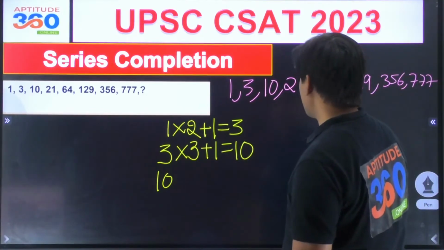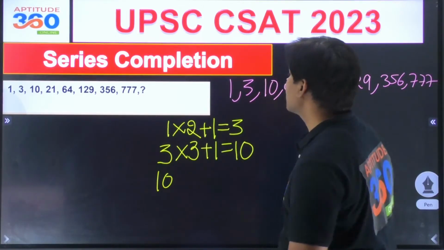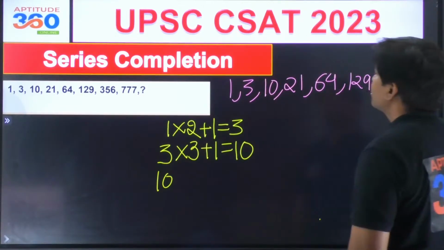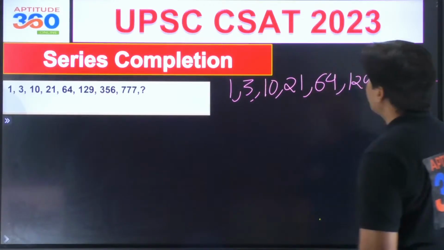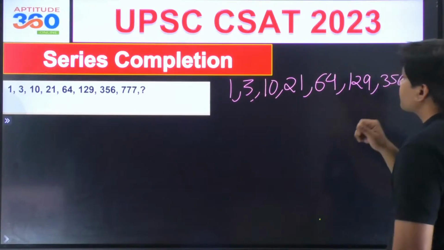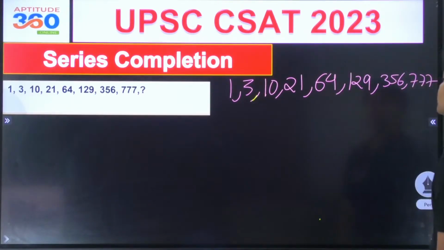Did I make a mistake? I made a mistake. This is not the series that I am thinking of. Anybody please help me out with this. What is the answer?